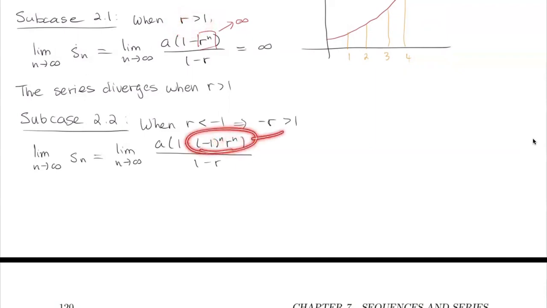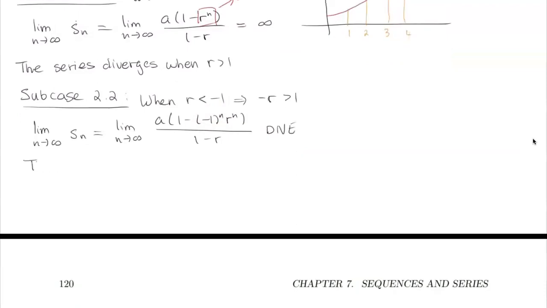So both of these combined will just diverge overall. So that means the series also diverges, or we say that the limit does not exist here. So the series diverges when r is less than -1.